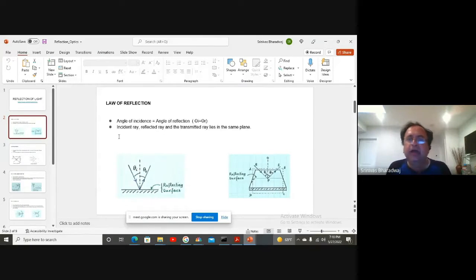Now a mirror typically is covered by a piece of glass, and that glass will undergo some refraction, so you must remember that. Basically, in a mirror there is a reflecting surface, so reflection occurs when there is a reflecting surface.